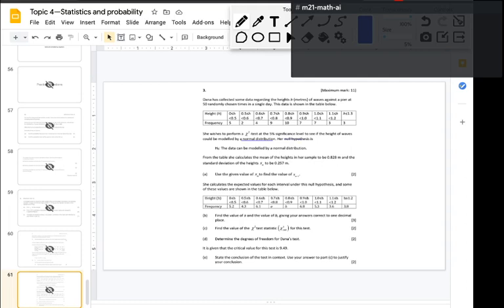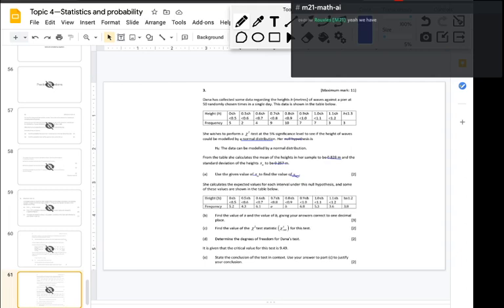From the table, she calculates the mean of the heights in the sample to be 0.828 meters and the standard deviation of the heights to be 0.257 meters. Use the given value Sn to find the value of Sn minus 1. So you need to find an unbiased sample. We've gone through that before, right?